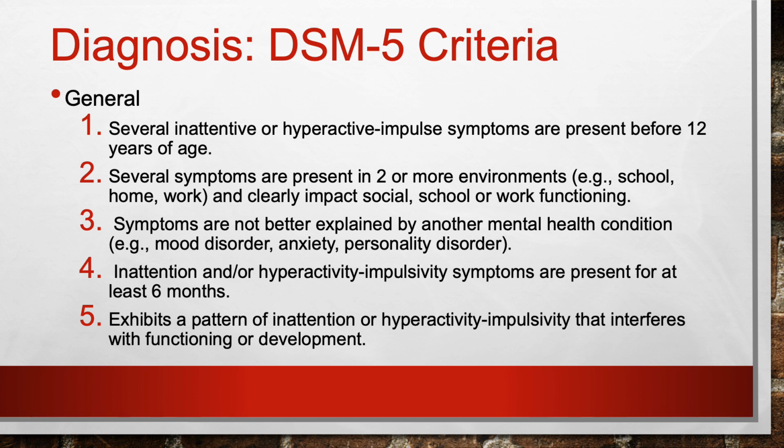Remember, school, home, and work, and clearly impact social or work functioning. 3. The symptoms are not better explained by another mental health condition, such as a mood disorder, anxiety, personality disorder. 4. Inattention or hyperactivity impulsivity symptoms are present for at least 6 months.